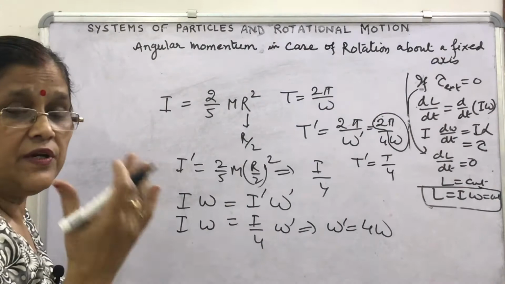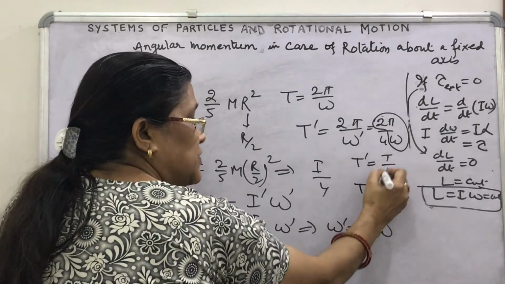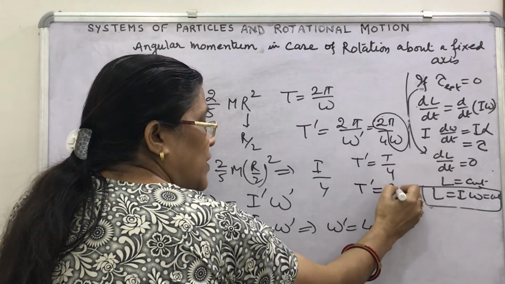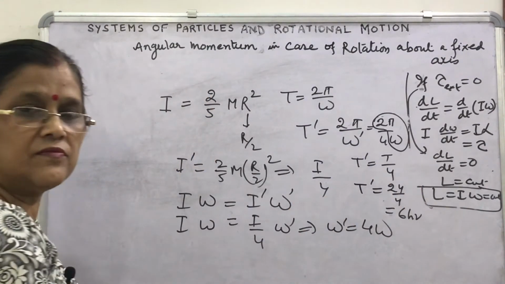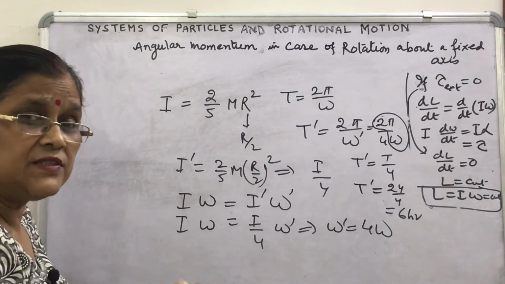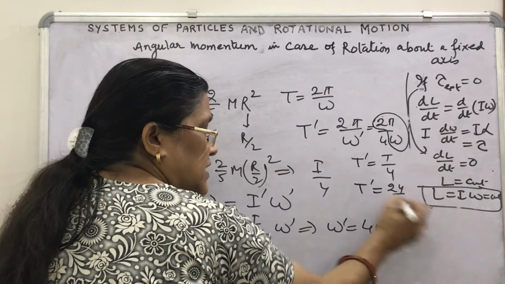What is T? 24 hours. So this will be 24 upon 4, that is 6 hours. If it is asked how much will be the duration of the day, then it is 6 hours.